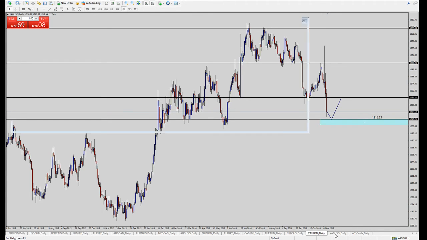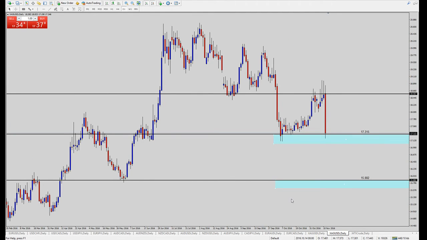Next up we have silver, and it seems like it's at its resistance, support zone as well, and we may see a breakout this week. I'm not really too sure, but if it breaks down this area, what we're looking for this week is a push down to the 15.882 zone.